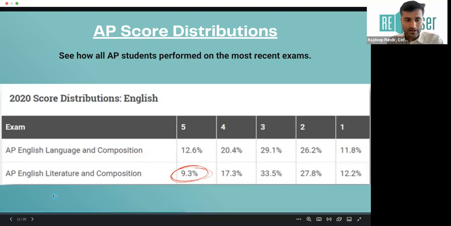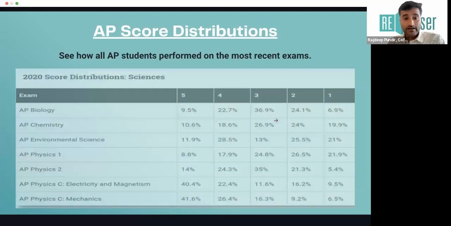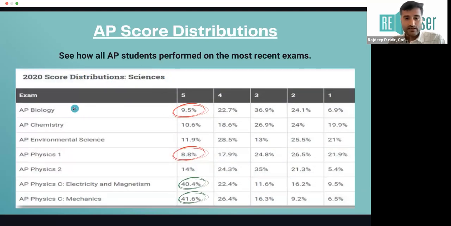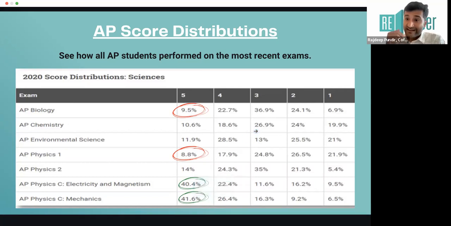So if you really look at AP English Literature and Composition, you only have 9.3% of students globally who get a 5 out of 5. If you look at sciences, AP Biology only 9.5%, AP Physics 1 only 8.8%. However, look at this: AP Physics C Mechanics and AP Physics C Electricity and Magnetism, almost 40% of students who write the AP exam for these 2 subjects get a 5 out of 5.